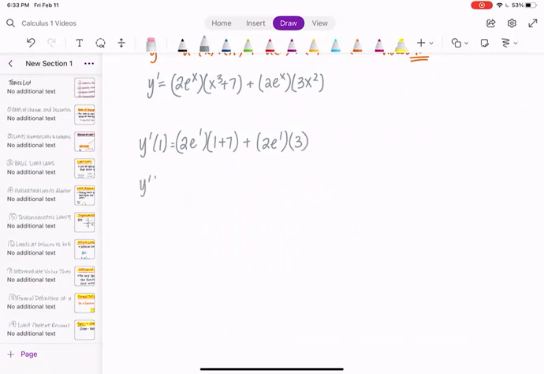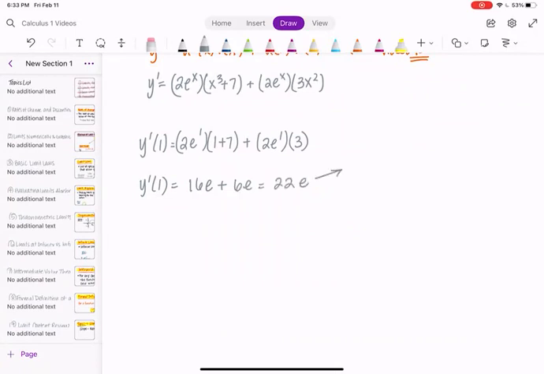So let's simplify that. We have 2e times 8, which is 16e, plus 3 times 2 is 6e, so that leaves us with 22e. And e is a number, right?